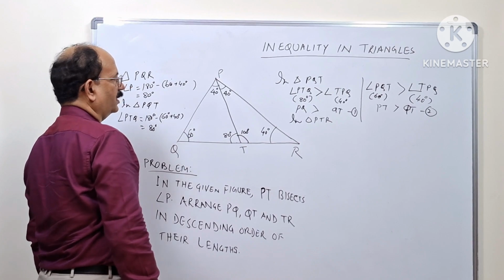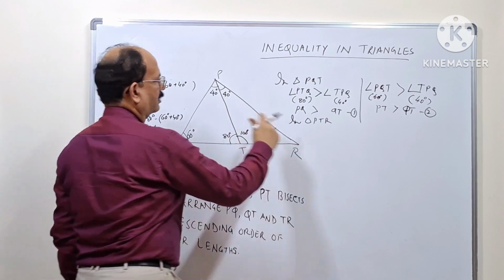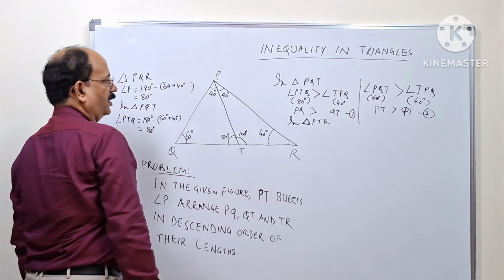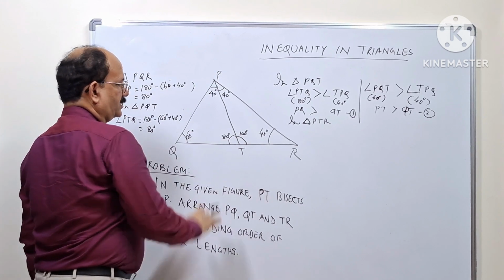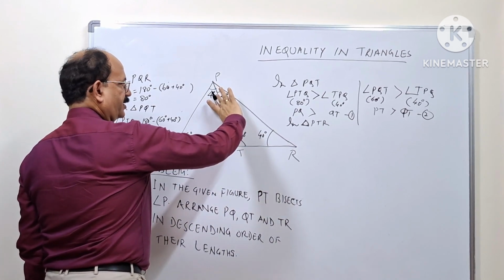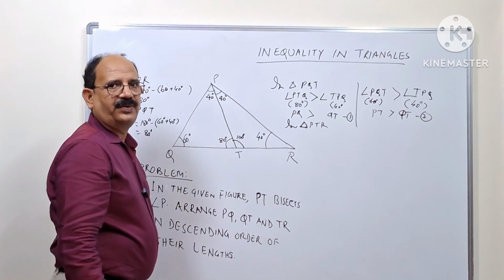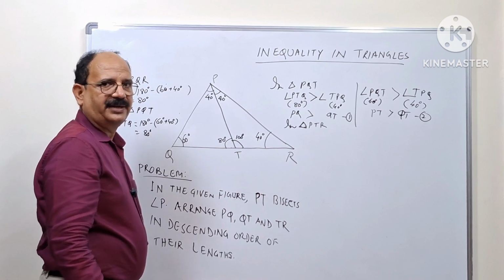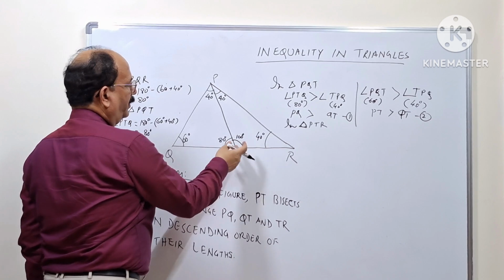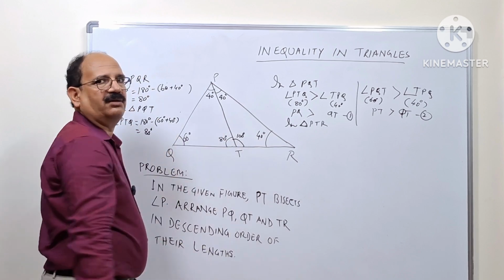Now, let us focus on this triangle, PTR. Just look carefully. This is the side which connects this triangle as well as this triangle. So we will use that characteristic of these two sets of triangles to do the comparison between the sides of this triangle and this triangle.